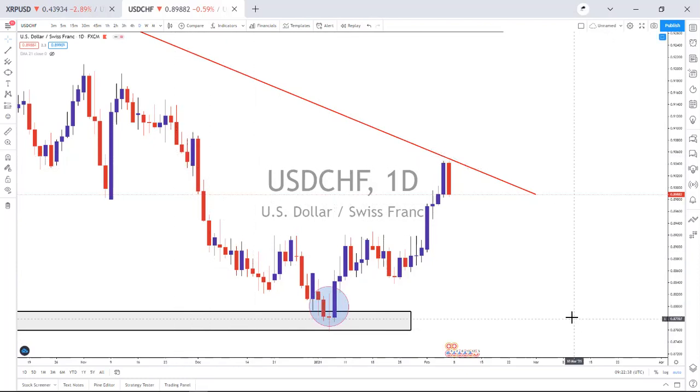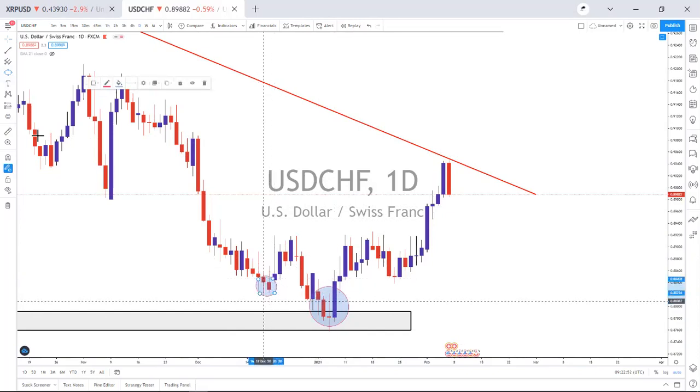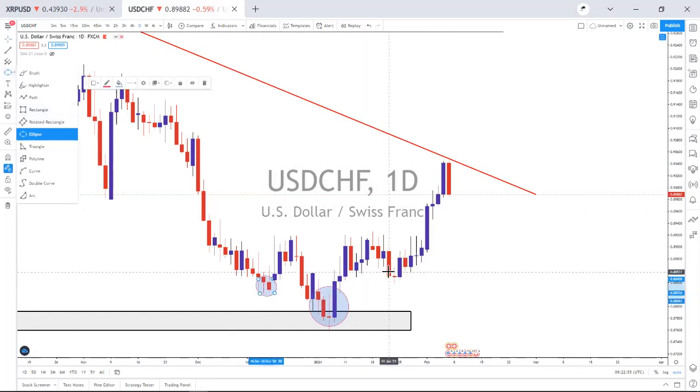Now also, if you take notice of something, you also have what we call price action chart patterns. Here we have some sort of head and shoulders at this point here.